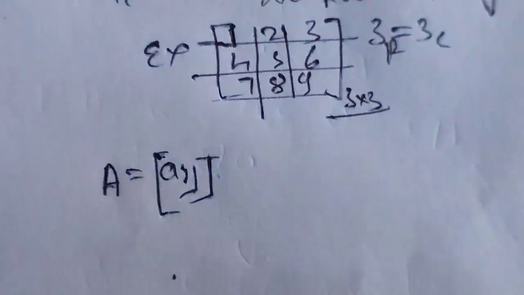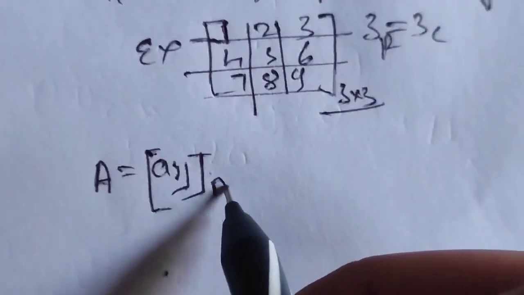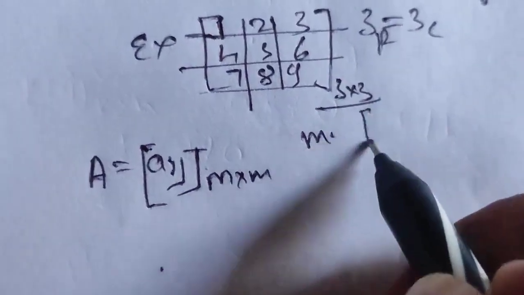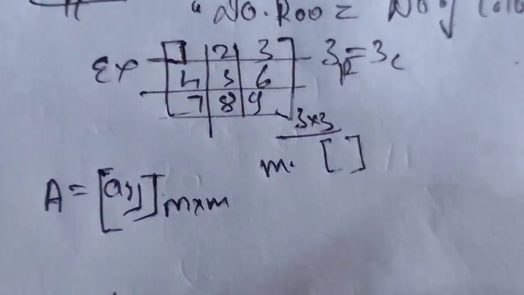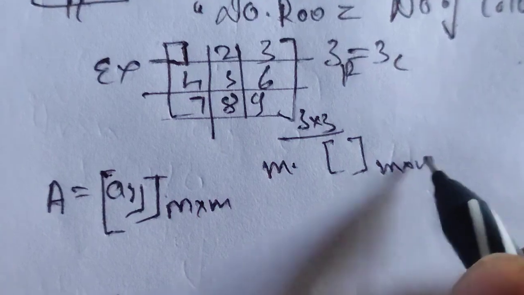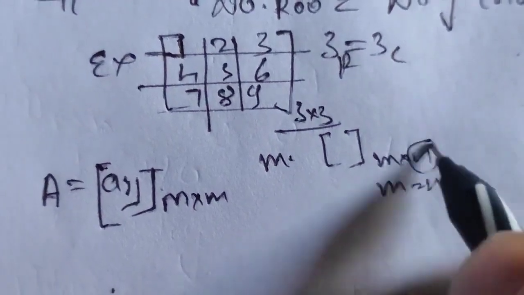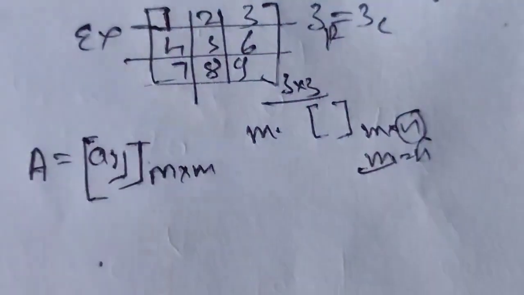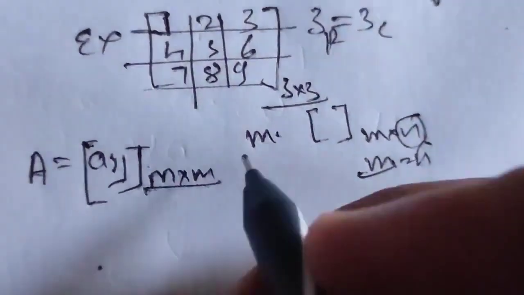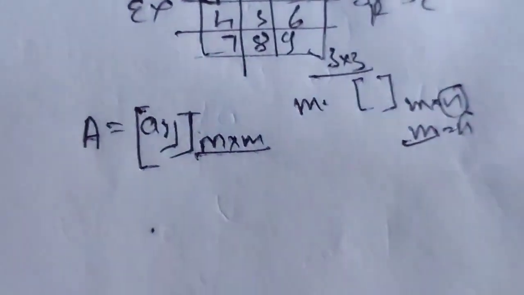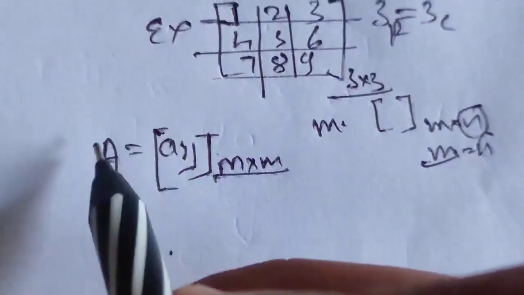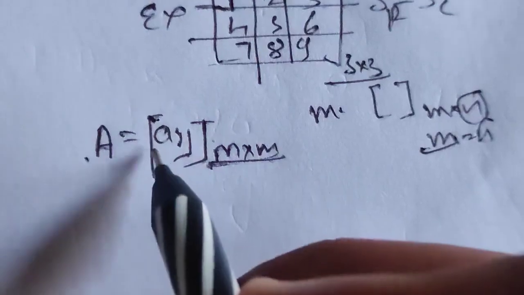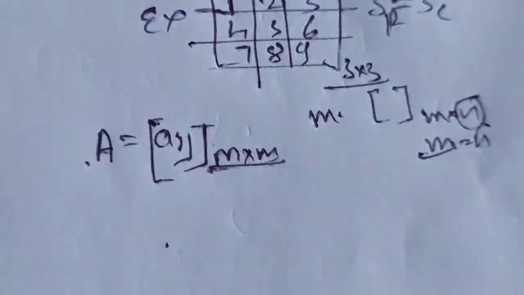Now, generally any matrix is simply written as M cross N. If M is equal to N, then we call it M cross M, or N cross N, overall M square. So this is the square matrix, that is, a matrix whose order has the same rows and columns. This is called a square matrix.